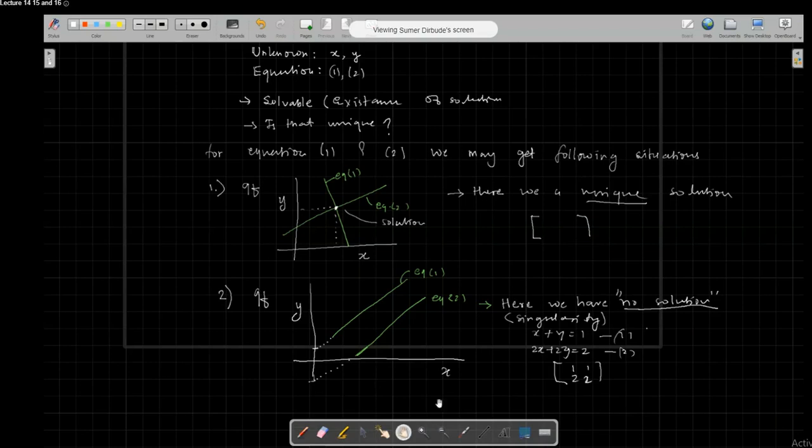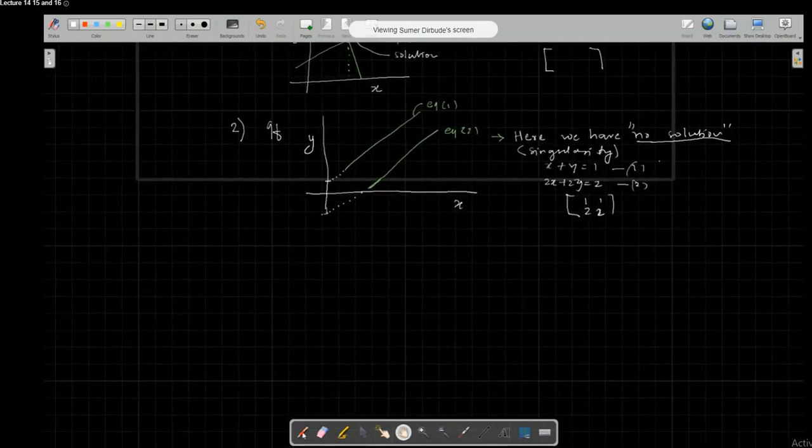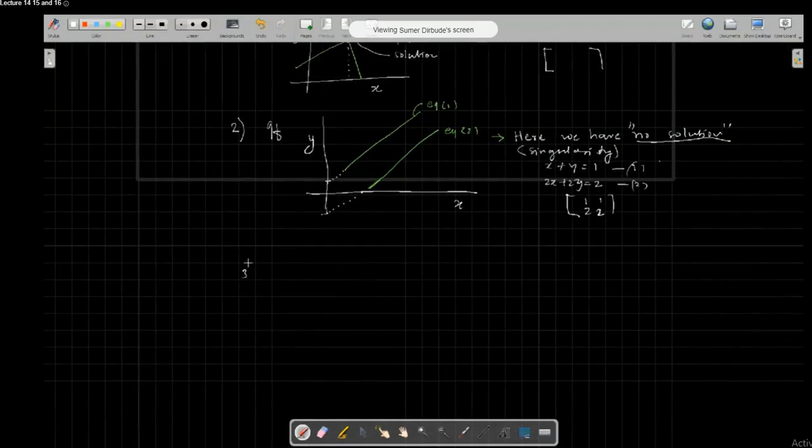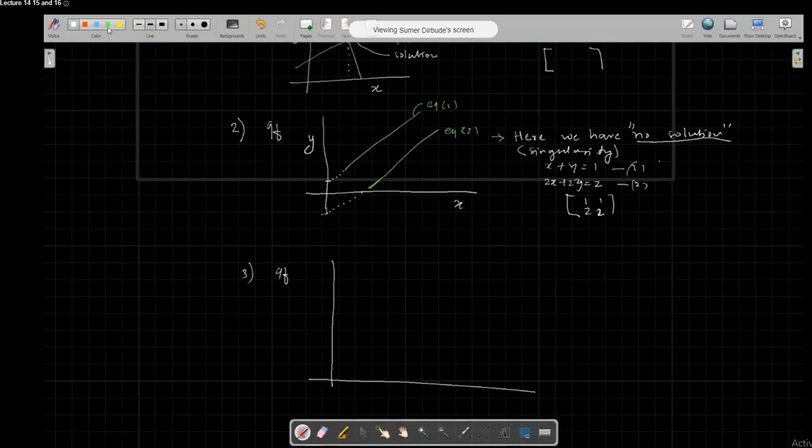Number 3 case can also be there. Maybe you have an intersection, but that intersection itself is on the same line.